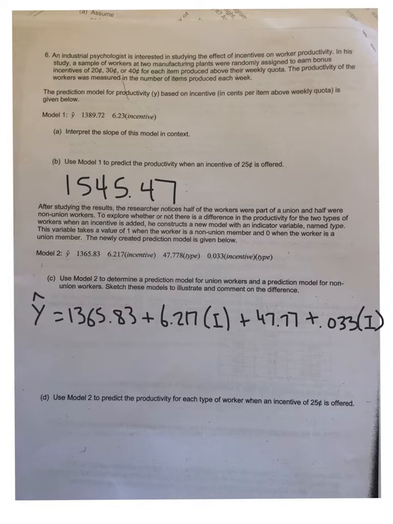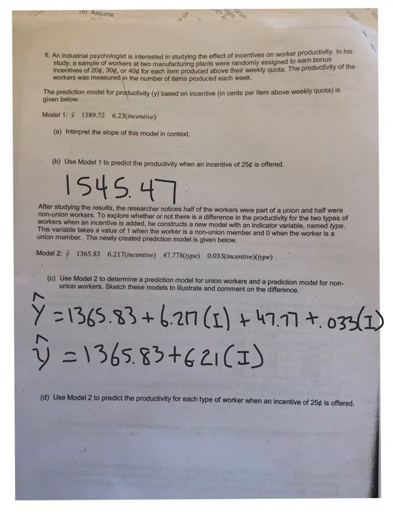Then if you're a union worker, they plug in a 0 here. 0 times this is going to give you 0. 0 times this is going to give you 0. So when you're a union worker, all you get is this. So let's take a look at what that looks like. And I just use the letter I for incentive. So these are the two graphs. So you might graph these two on your graphing calculator and take a look at what's going on.